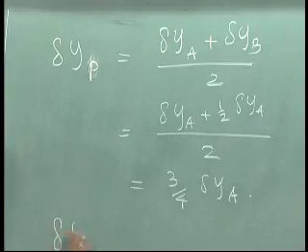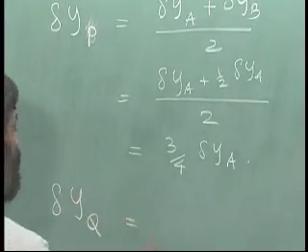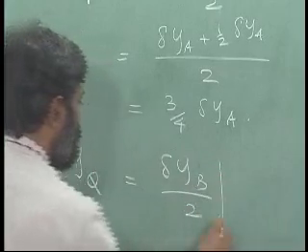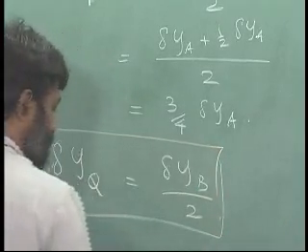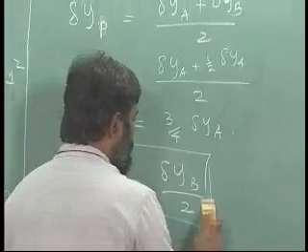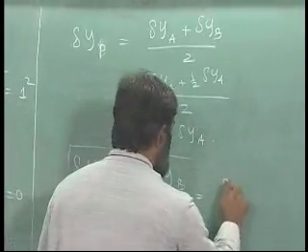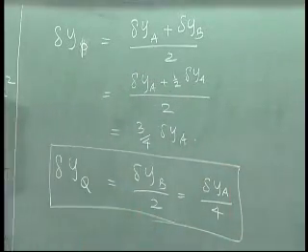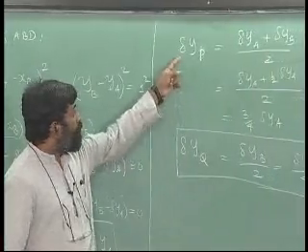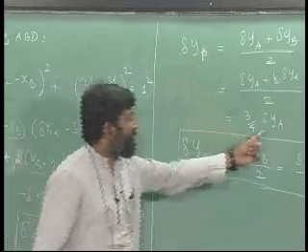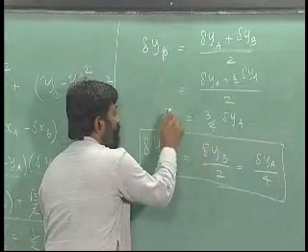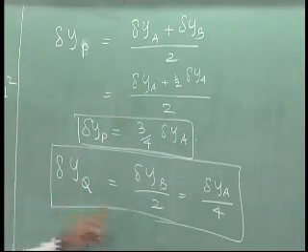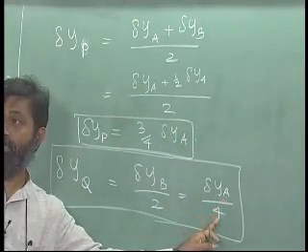Similarly, I can find out delta yq, which is nothing but delta yb by 2. And what is delta yb by 2? It is equal to delta ya by 4. Now if you look at it, delta yp is written in terms of delta ya. Delta yq is written in terms of delta ya.